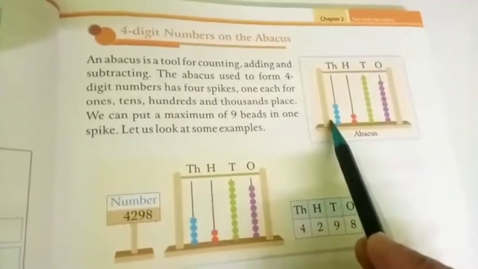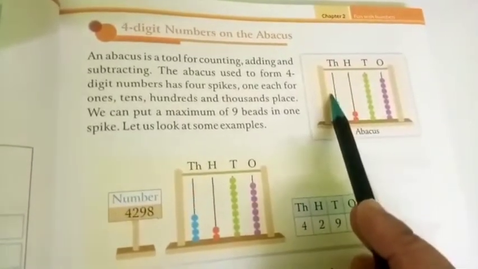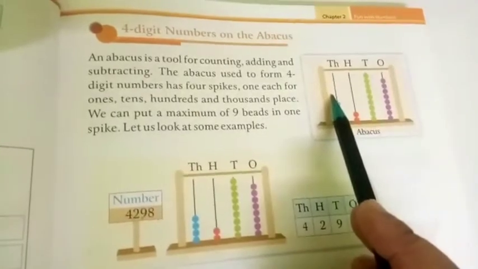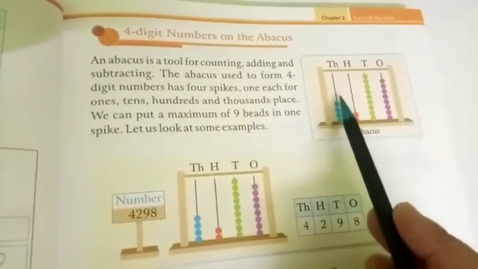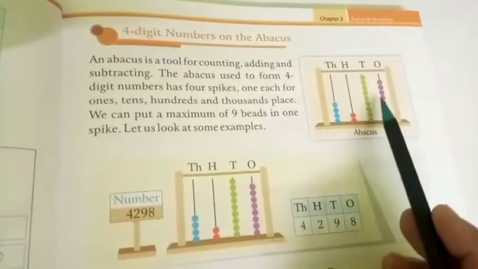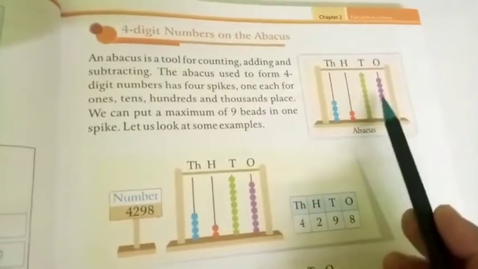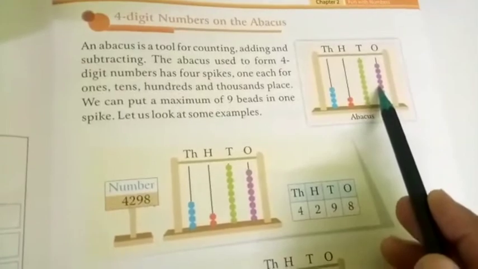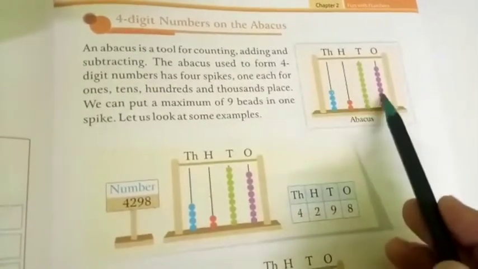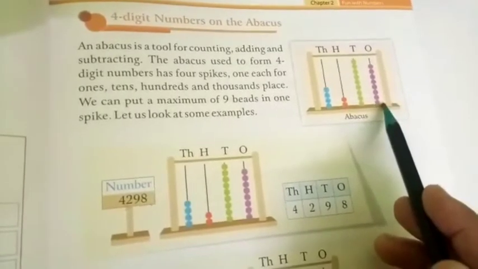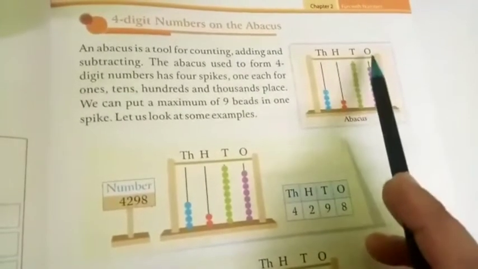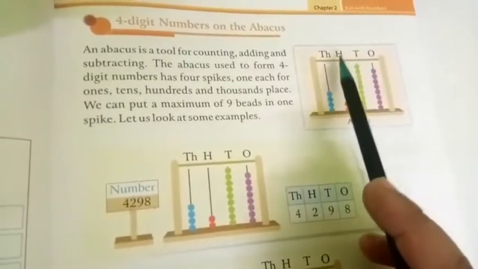Now 4-digit, after hundreds, that is thousands. So for a 4-digit number on the abacus, 4 spikes will be there and beads will be on them. On each spike maximum you can put 9 beads. So 4 spikes: ones, tens, hundreds and thousands.